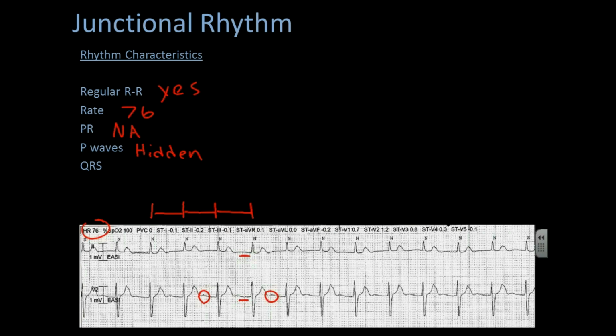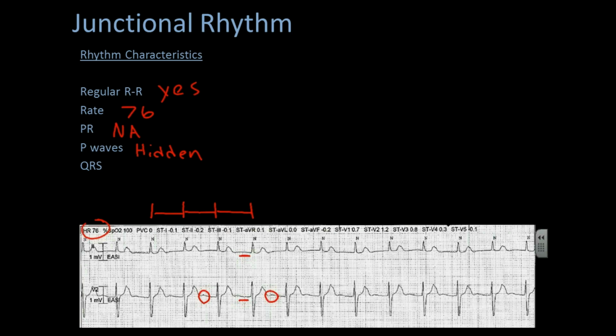And QRS, well, QRS is not exactly narrow. It's not really wide either. It's kind of hard to see on the strip exactly what the QRS interval is, but based on the rate, it's 76 beats per minute.